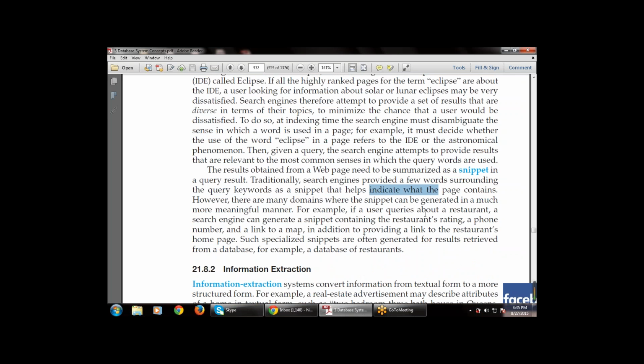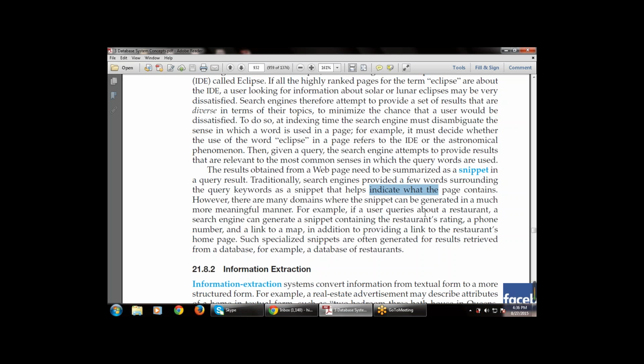For example, if a user queries about a restaurant, the search engine can generate a snippet containing the restaurant rating, a phone number and a link to the map, in addition to providing the relevant link to the restaurant homepage.